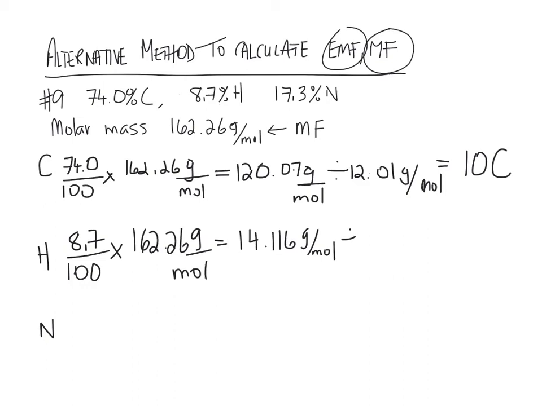Take this, divide by the molar mass of hydrogen, 1.01 grams per mole, and we get 14 hydrogens.